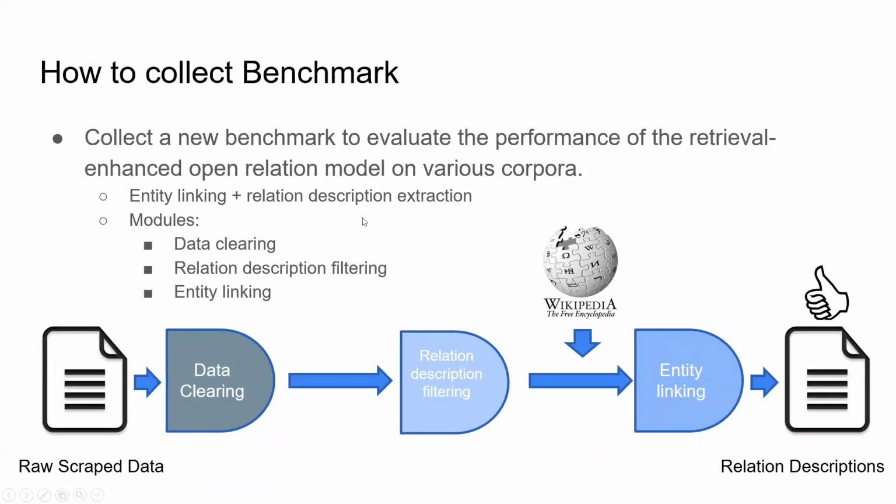After we get the raw data, the question becomes how we can extract the ground truth, the relation description between two entities. Here, I propose a self-supervised learning method to automatically extract the relation description by utilizing dependency parsing and entity linking.